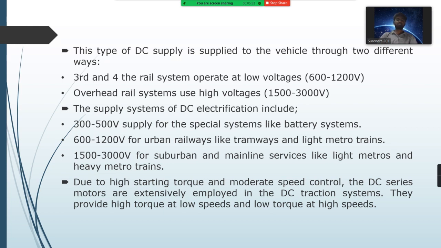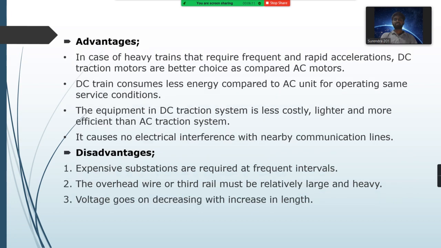Due to high starting torque and moderate speed control, DC series motors are extensively employed in DC traction systems. They provide high torque at low speeds and low torque at high speeds. This helps their use in DC electric traction. The main advantage is that in the case of heavy trains that require frequent and rapid accelerations, DC traction motors are a better choice compared to AC motors.